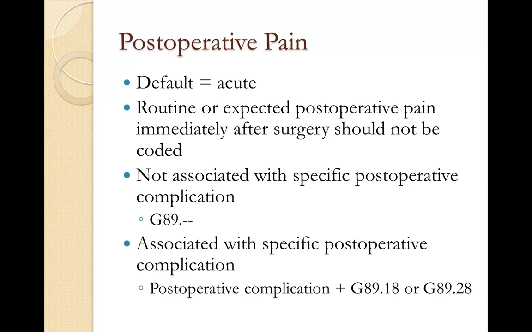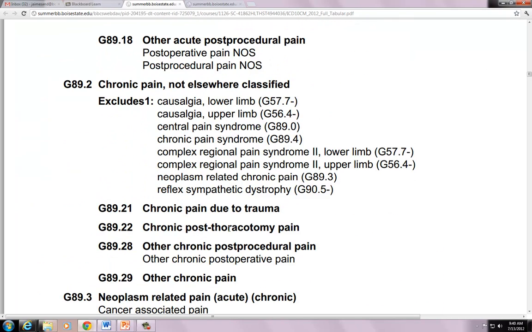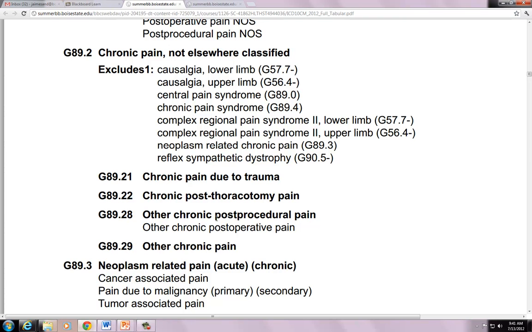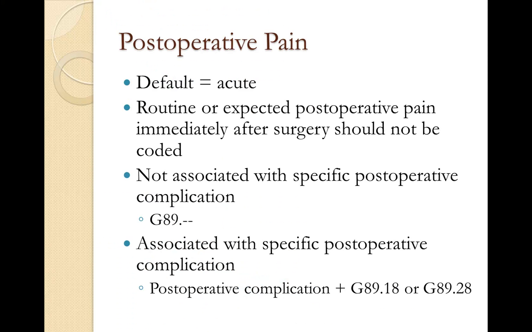Post-operative pain, the default here is acute, and I don't know if we got quite down that far in here. Oh, here it is. Here's post-procedural pain, chronic here, or here's acute post-procedural pain, G89.18. So again, if the documentation doesn't specify, we're going to assume that it's acute, unless it says that it's chronic.